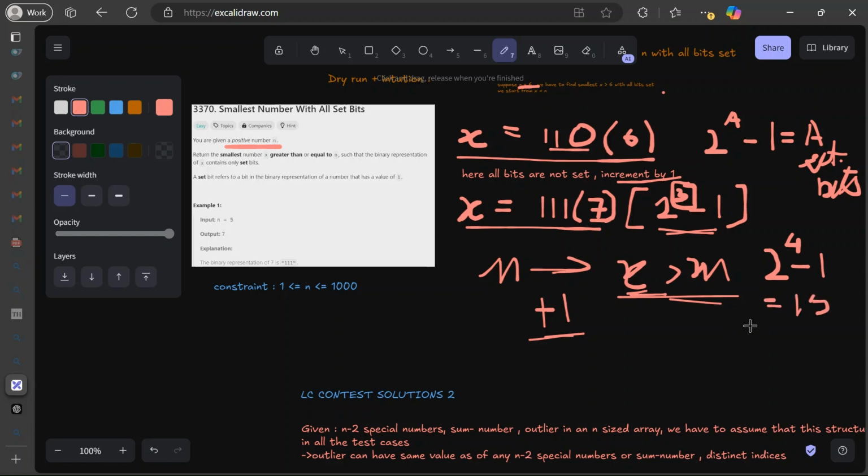This would be written as 1111. So this is the pattern we have to find out. Now this would reduce our solution time complexity to log of n plus 1.